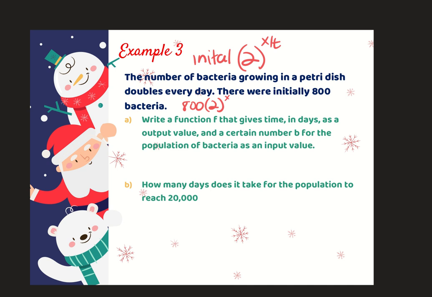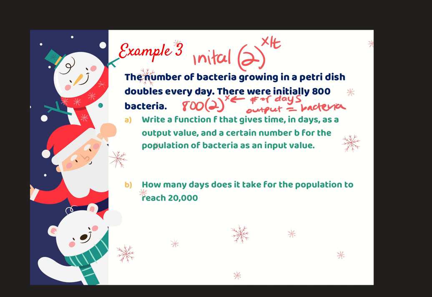But if we keep reading, it says write a function f that gives time in days. So we want to keep it in terms of days. If it doubles every day, then this would be x over 1. So I can literally leave it as that exponential model, okay? And this would be where my input is the number of days and the output would be the bacteria growth, right?